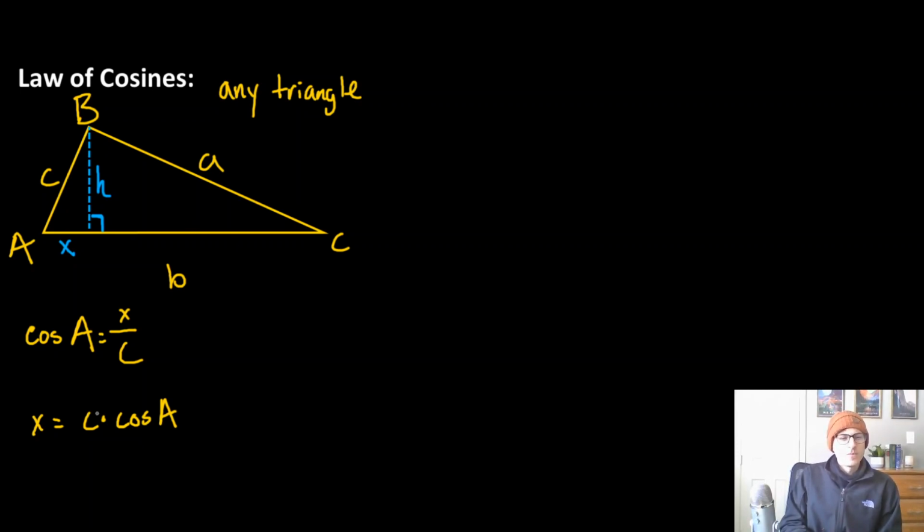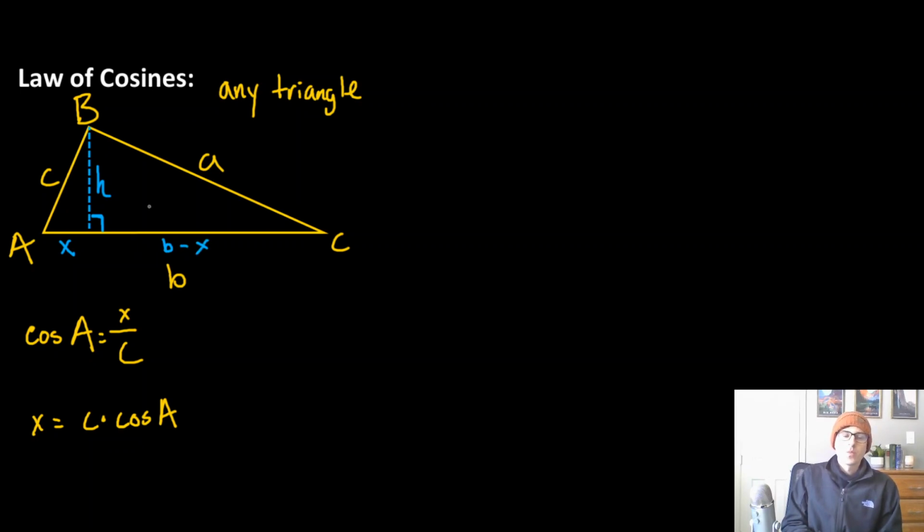But now, like I said, I just want to be using A, B, and C. I don't want X because I don't know what X is. So let's get this other segment. This other segment would be B minus X.